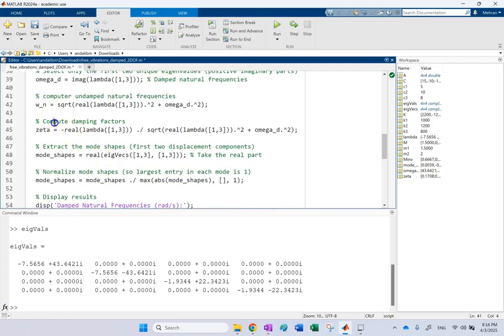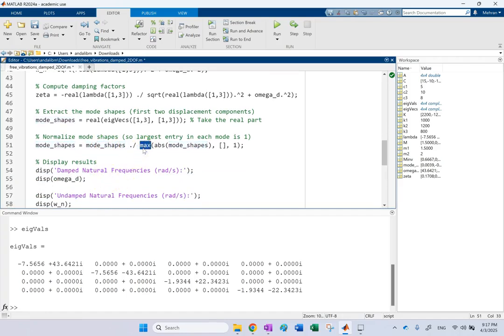I have omega n, I have zeta, and then for mode shapes, I need to go to the eigenvectors. And again, since I picked 1 and 3 for eigenvalues, for eigenvectors, I also pick 1 and 3. And then I divide them by their magnitude to normalize it, to make sure one of the elements in it is basically of magnitude 1.